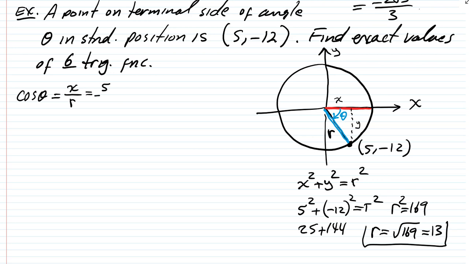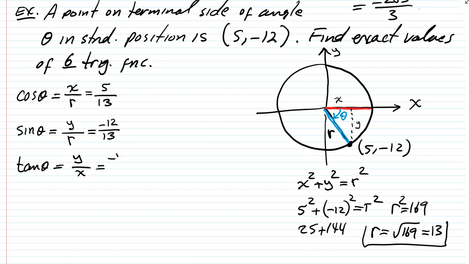Okay, so it's going to be 5/13. What about sine theta? Only for a unit circle, it's y. For a circle other than the unit circle, you do y over r. So it's going to be negative 12 over 13. Okay. And the others follow. Tangent of theta now is just y over x. So that's going to be negative 12/5.